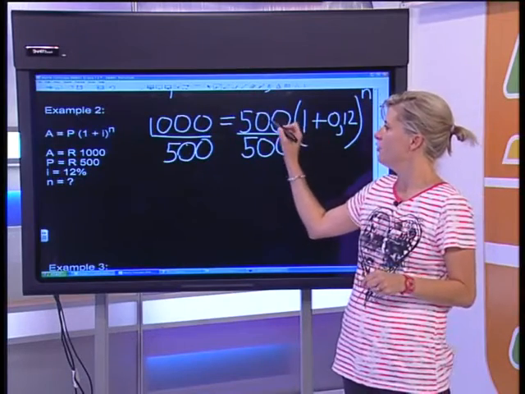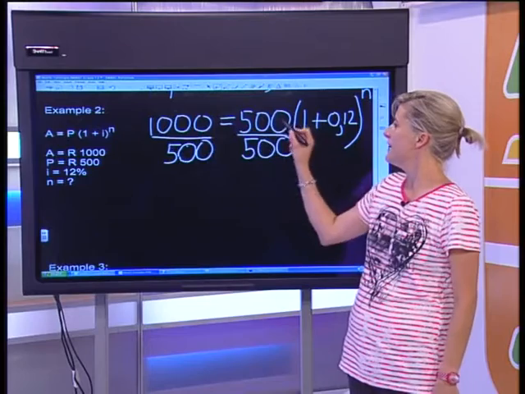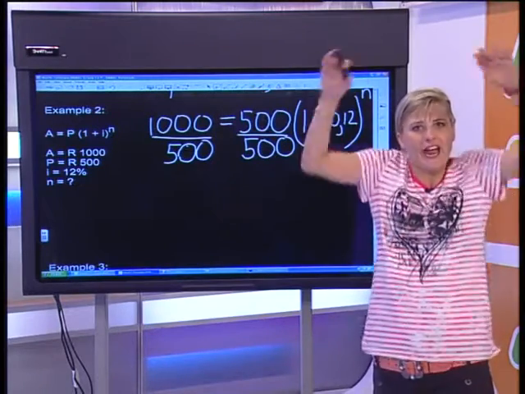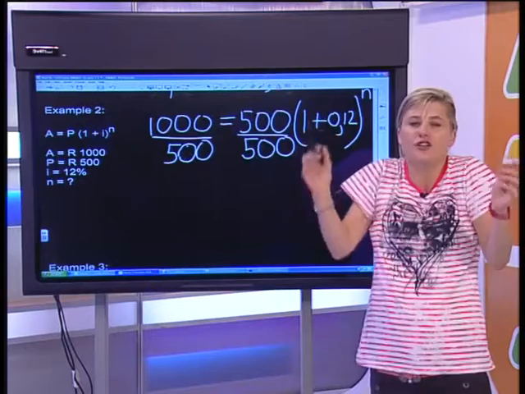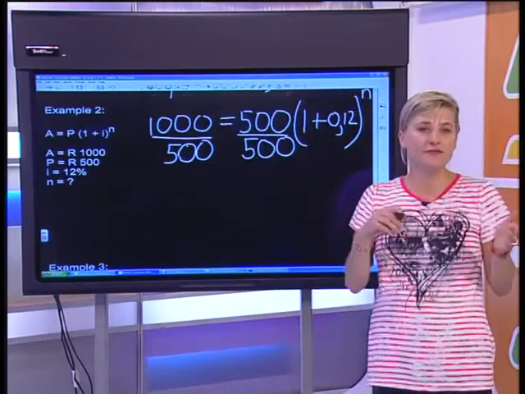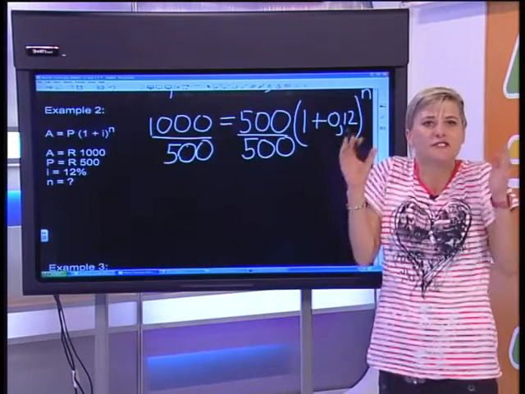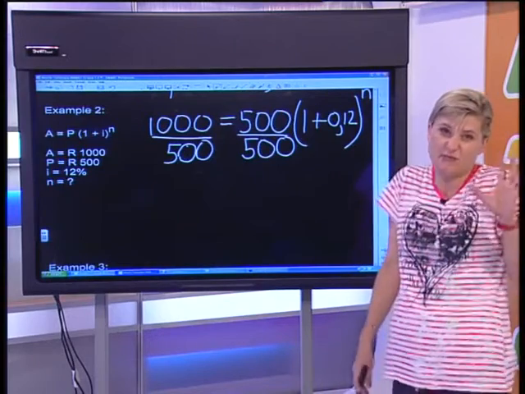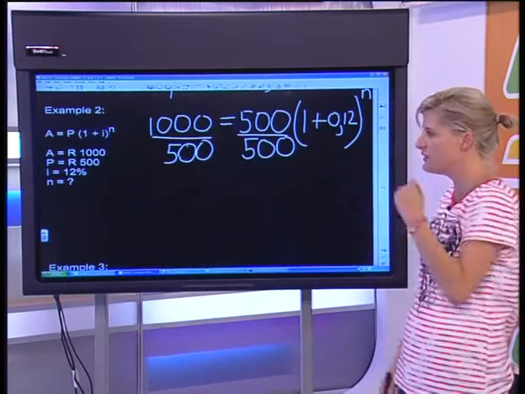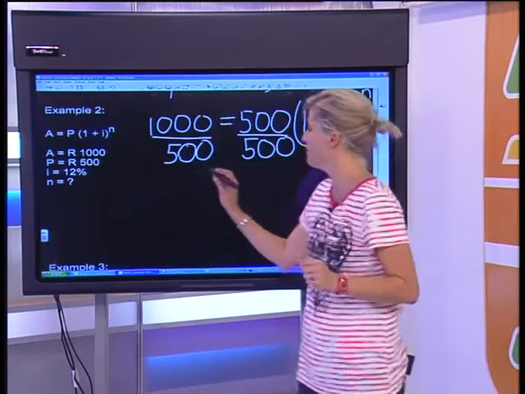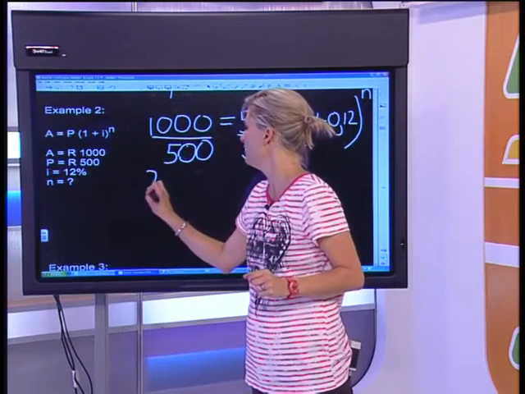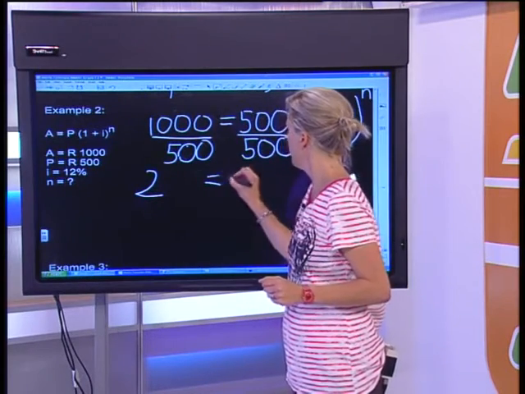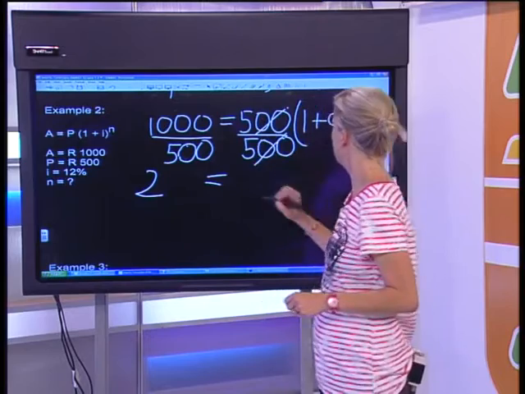Guys, whatever you do, do not multiply this 500 into the bracket, because that bracket is to the power n. You cannot now multiply that 500 into the bracket because the 500 was never to the power n to start with. So please, guys, don't do that. We'll divide both sides. That'll be much better. So I get a 2 over here, and then, of course, my 500s cancel.